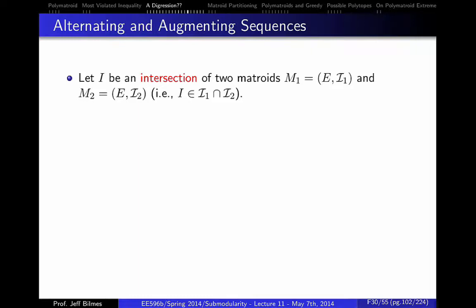So I is an intersection of two matroids. All right, so what does that mean? This is sort of a definition of what an intersection means. Intersection means that I is in the intersection of the two independent sets of the matroids.